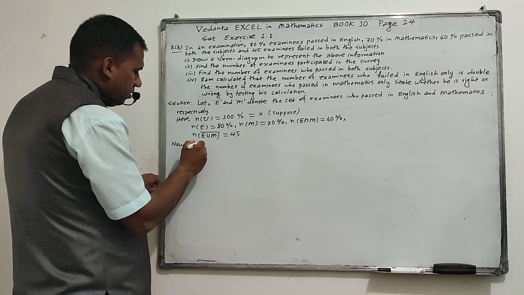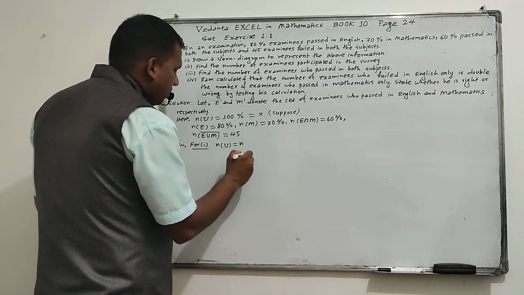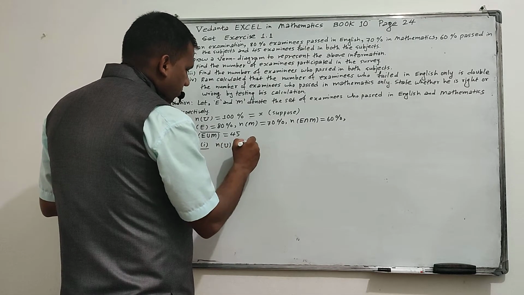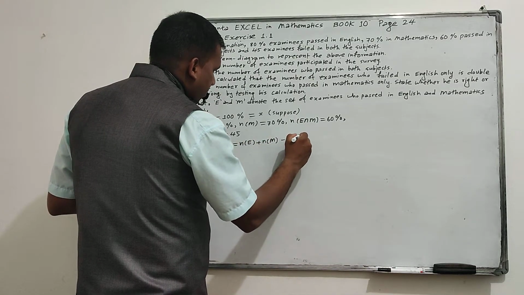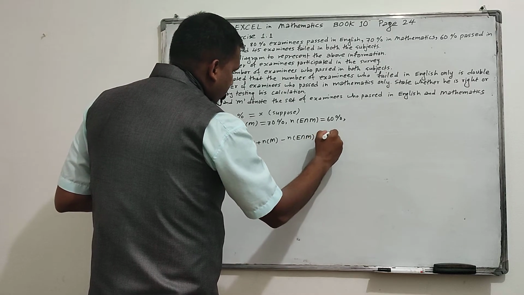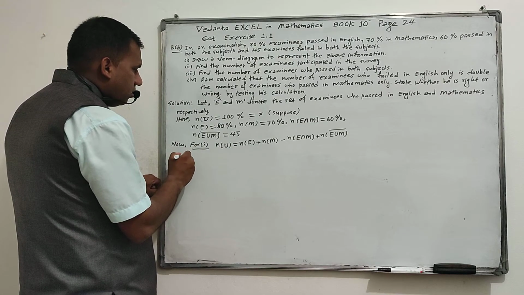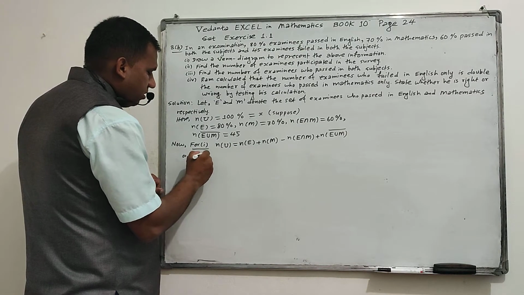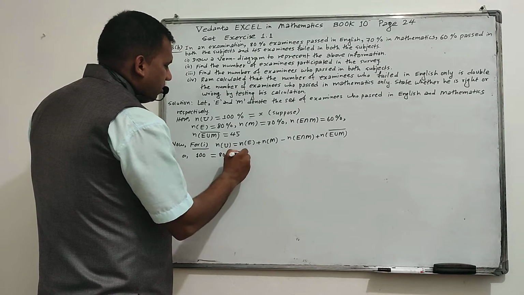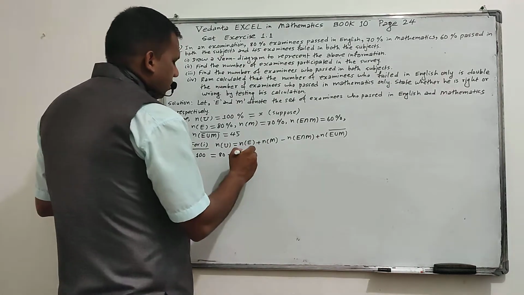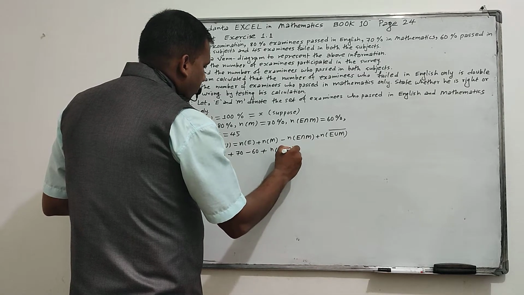Now for 1, number of U equals number of E plus number of M minus number of E intersection M plus number of E union M whole complement. Or number of U, that is 100%, equals number of E 80, number of M 70, minus intersection 60, plus number of E union M whole complement.